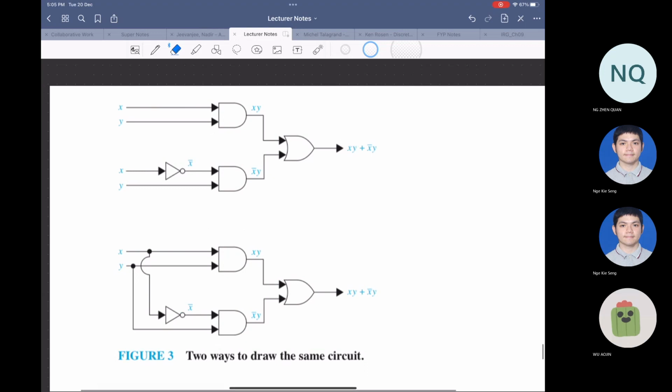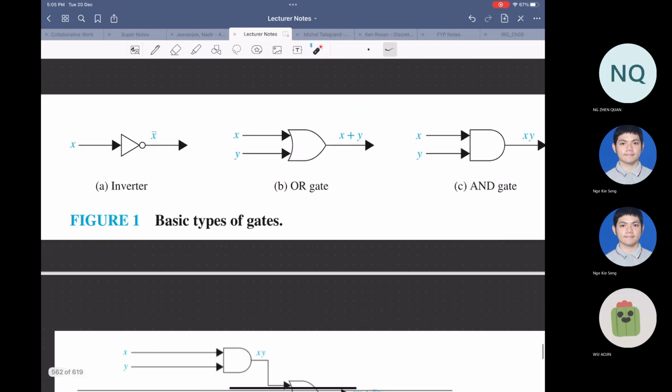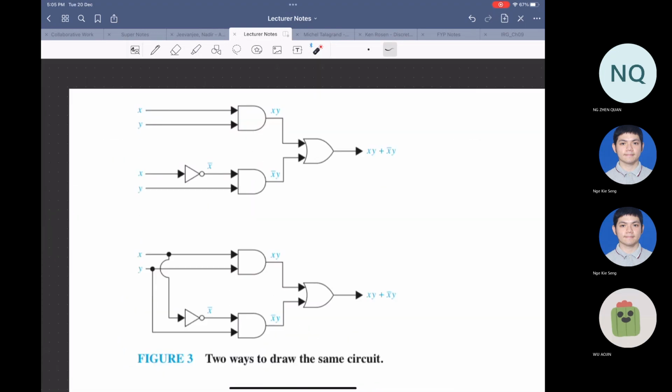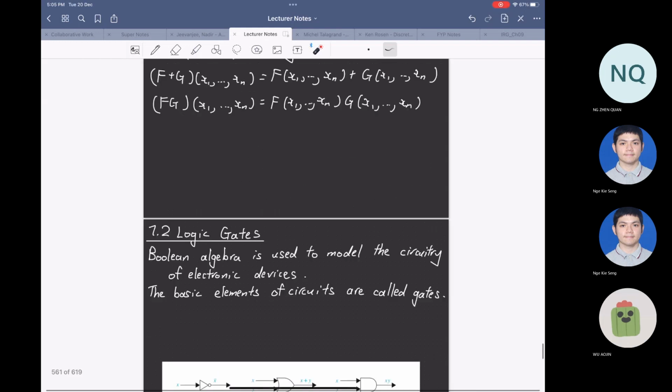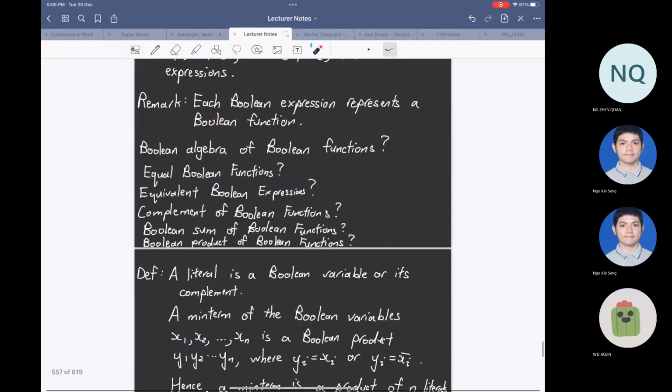Here is the min term, the product of literals. Then the sum of min terms. Make sense? So min terms, literal, literal, literal, literal. You can see that Boolean functions are the sum of min terms, or Boolean expressions, they are equivalent.